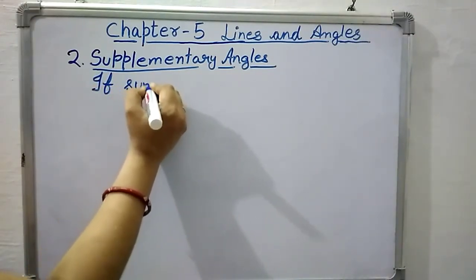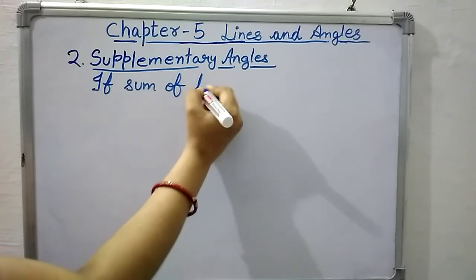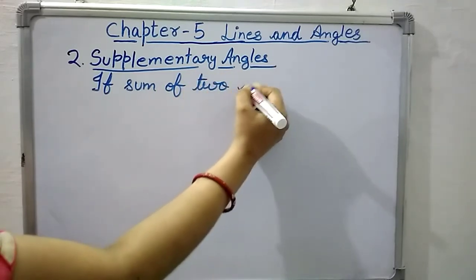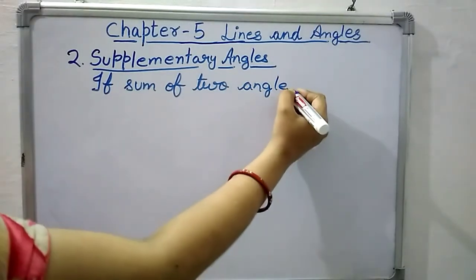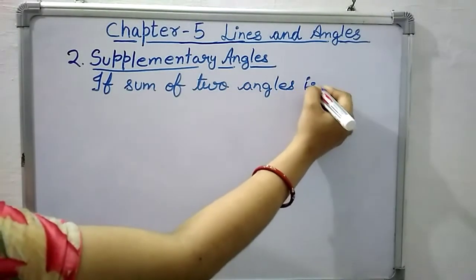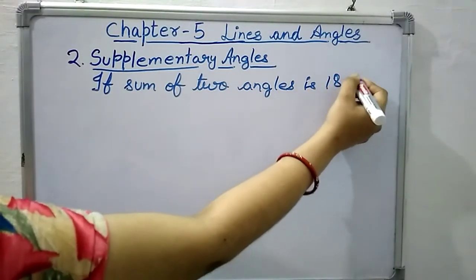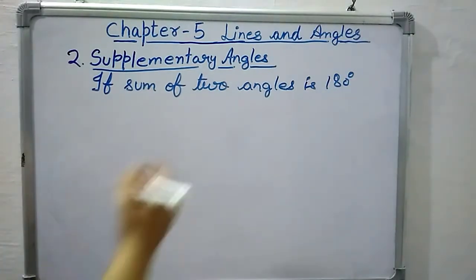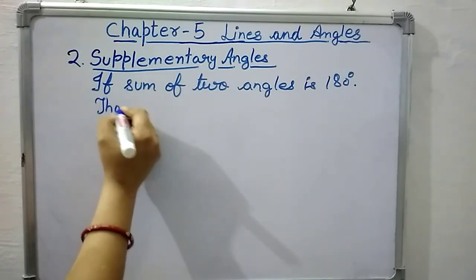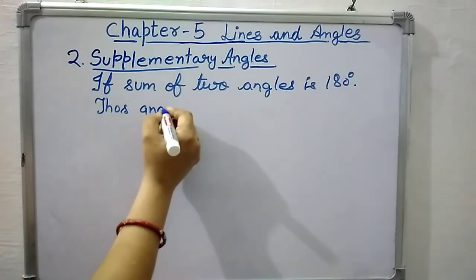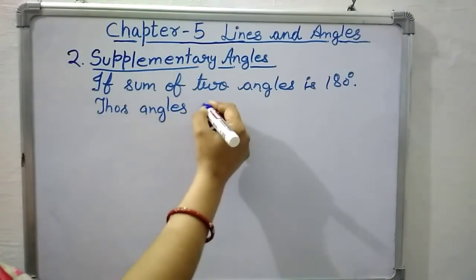If the sum of two angles is 180 degree, those angles are called supplementary angles.